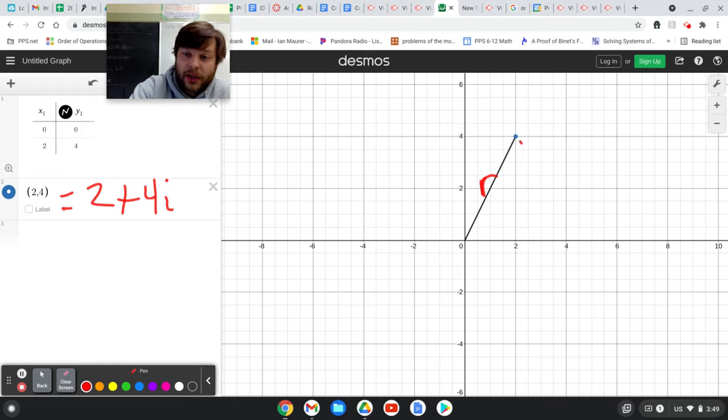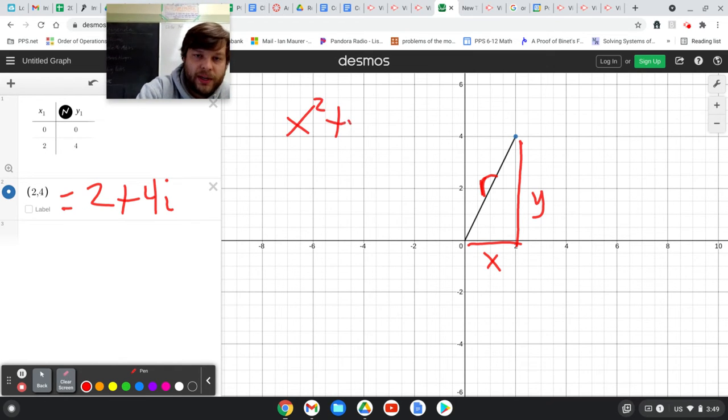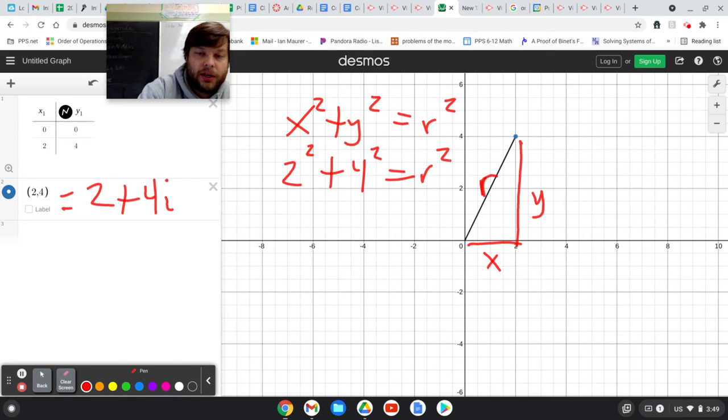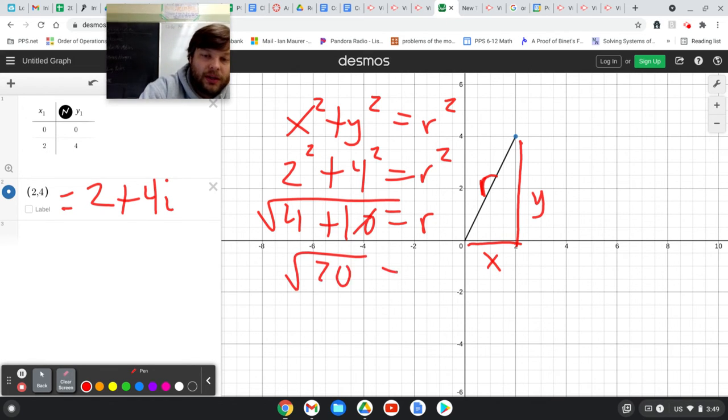And so you can draw a nice right triangle with that, and then you can say your x value and your y value make your r value. x squared plus y squared equals r squared. For our particular example, I would just be saying 2 squared plus 4 squared equals r squared. So r is going to be the square root of 4 plus 16. Square root of 20 is r. If you want to reduce that down, you can reduce that to 2 root 5.